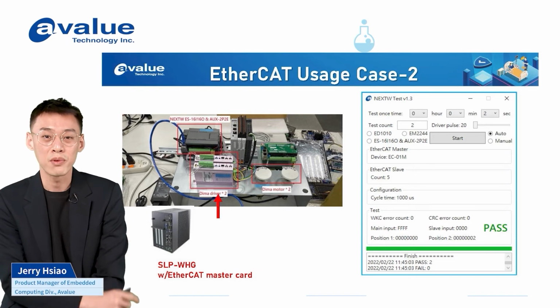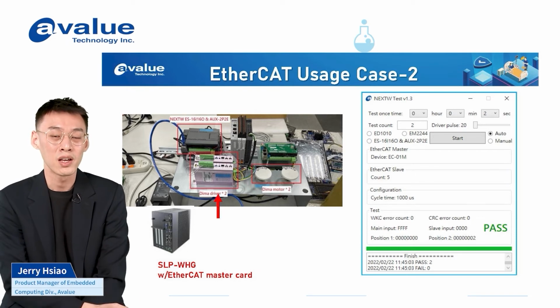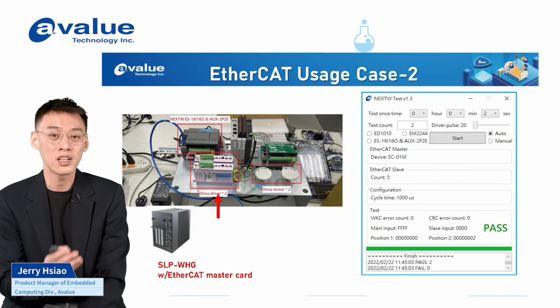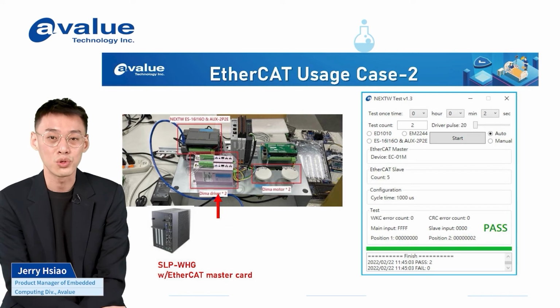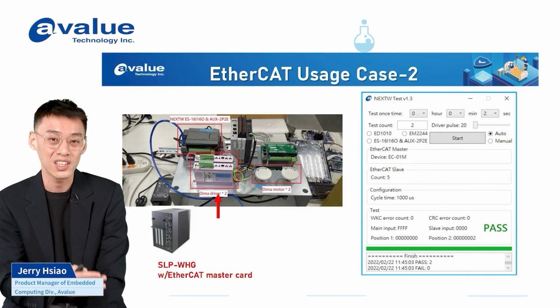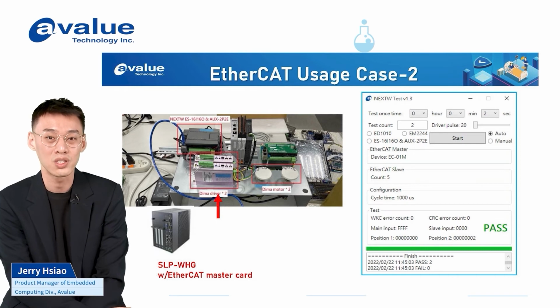Apart from the demo kit, we also have a testing tool that was developed by our software development team. In this testing tool, you can see the master class, what the spec is, and also the slave module, with all the configuration listed.